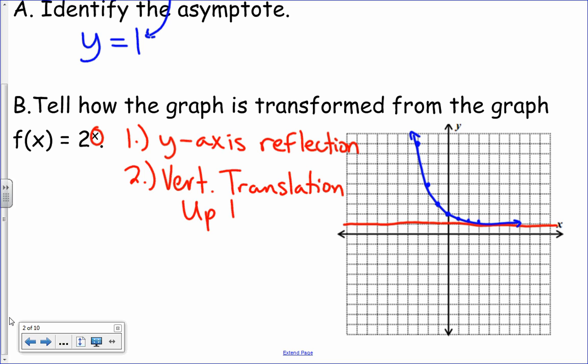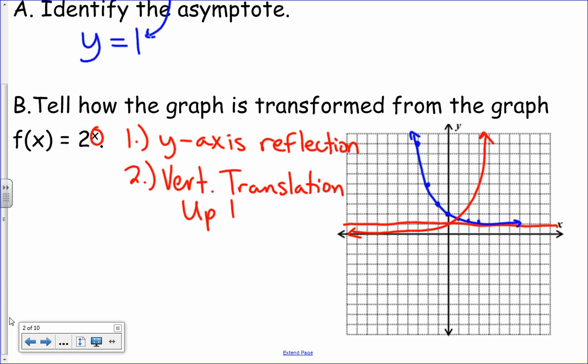Now, if we wanted to check those, go back to your graphing calculator, hit y equals, leave the g function in y1 and go down to y2, the red one, and type in 2 to the power of x and hit graph so you could actually see the difference. That function does something like this, I believe.